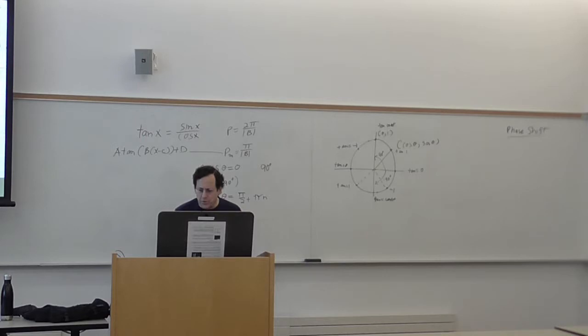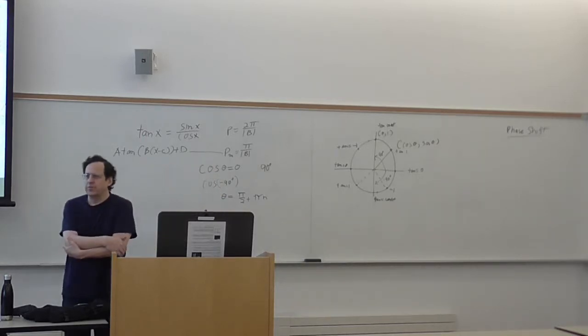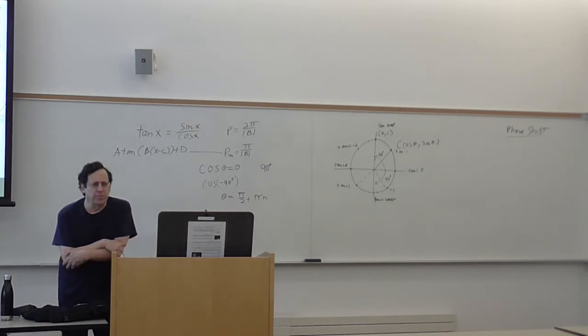So where are those asymptotes? Vertical asymptotes. Where do we find vertical asymptotes when you have a rational function?